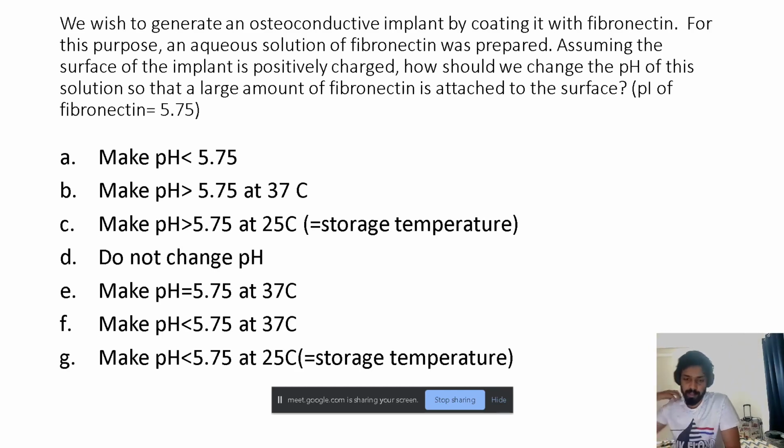So what happens at the isoelectric pH of a protein? Sir, isoelectric point means the pH becomes zero at that point. That is isoelectric pH. Right. So the molecule would exist as a Zwitter ion, right? So it'll contain both charges.